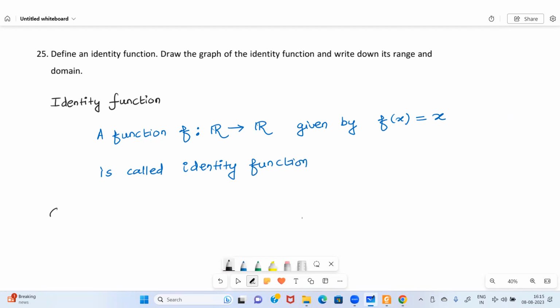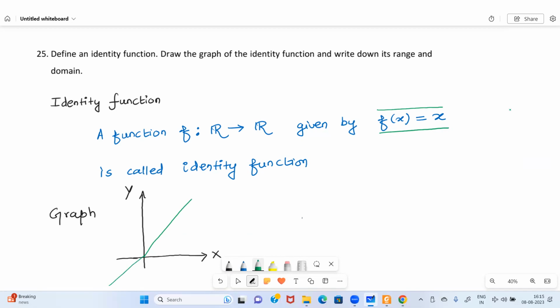Next is the graph of the identity function. Okay, students. Draw it very neatly. Graph also carries marks. So let's say this is the x-axis and this is the y-axis. The function f(x) = x is nothing but y = x. We have already discussed it is nothing but a straight line which passes through the origin, right?